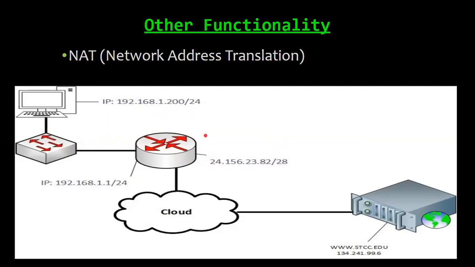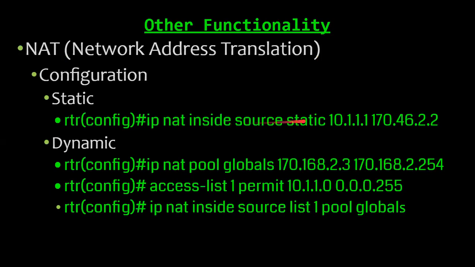We just want to get the terminology set because Cisco is going to use that right here, NAT inside. So we're going to use that terminology when we run the commands.